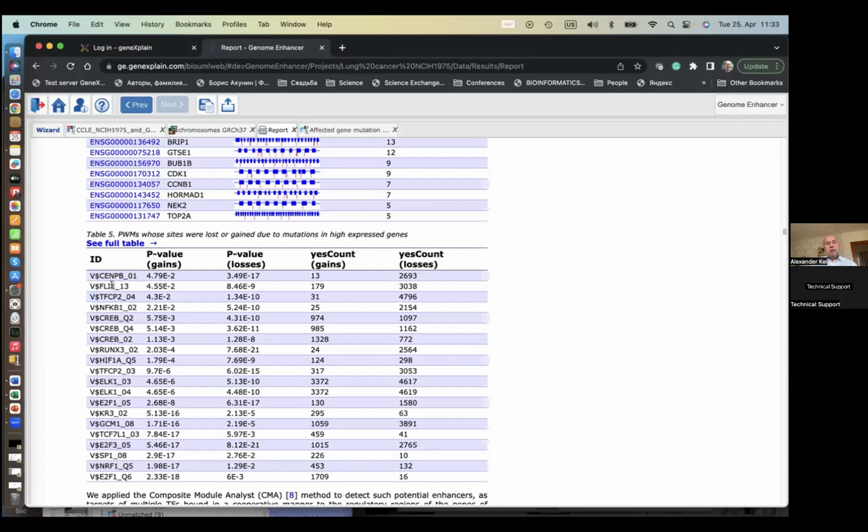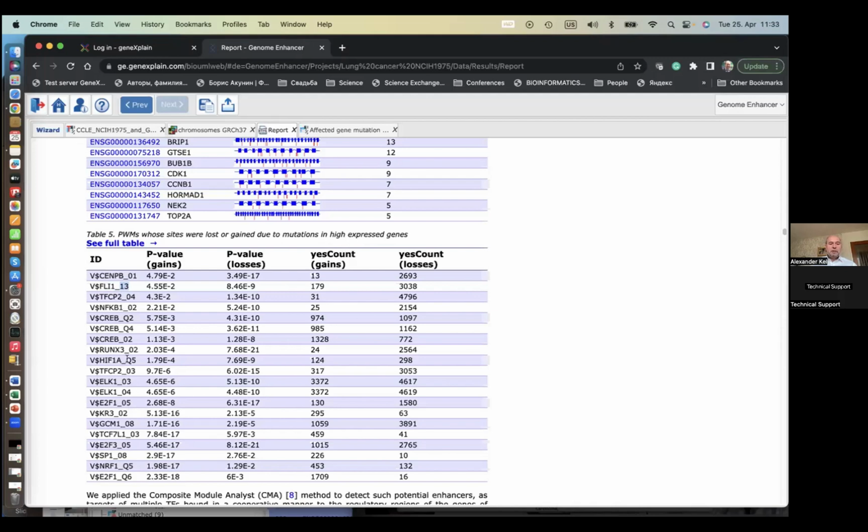Then we have the name of the transcription factor family, sometimes of an individual species of transcription factor, but in most cases a family, a group of factors which have a very similar DNA binding domain. And then there is a certain code here which just tells the consecutive number.